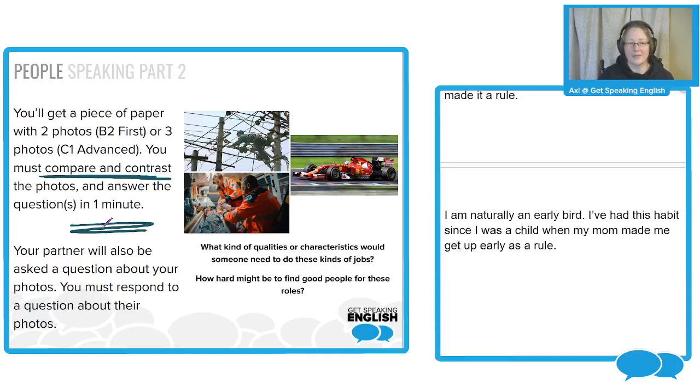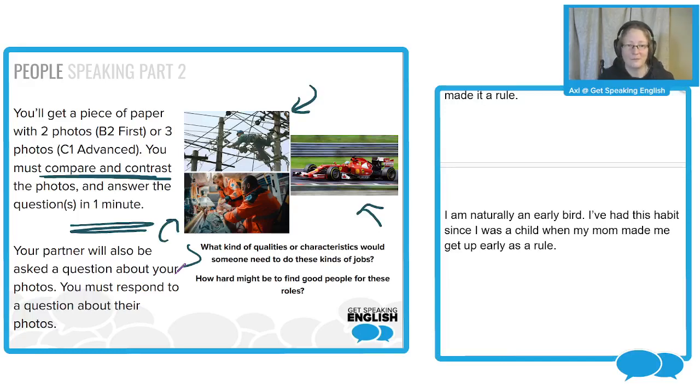So we're going to be looking at these ones. We have a guy up some power lines, and people who look like they're in the back of an ambulance, or maybe a race car driver. The question is, what kind of qualities or characteristics would someone need to do these kinds of jobs, and how hard might it be to find good people in these roles?